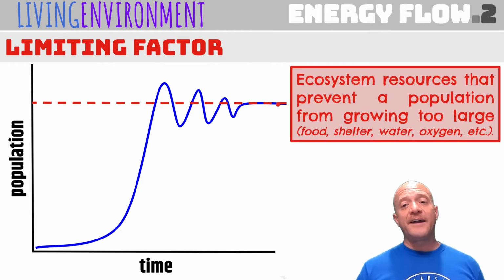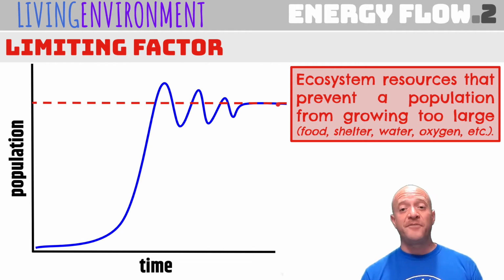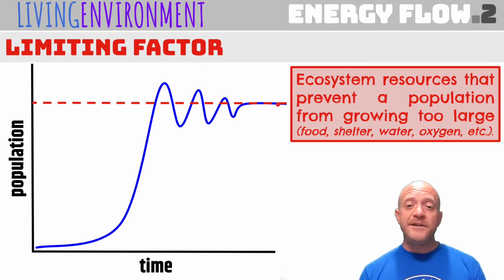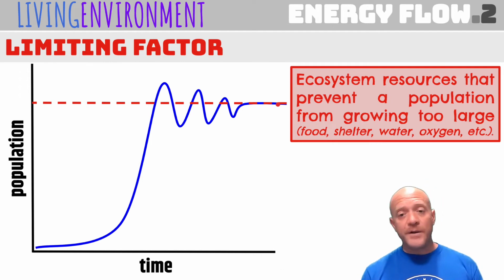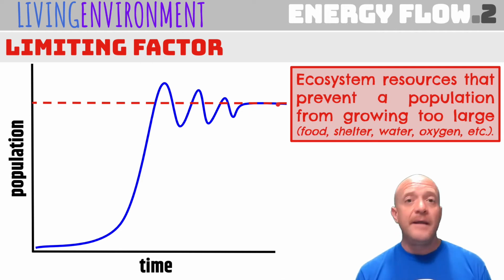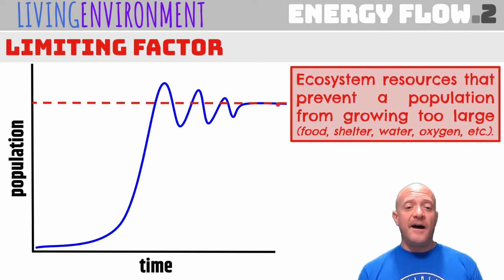And these limiting factors are any ecosystem resources that are preventing a population from growing too large. So any resource that is necessary for an organism to survive, like food, shelter, water, oxygen, pH levels. There's many different types of limiting factors. You'll at most be asked to list maybe 2 of them.